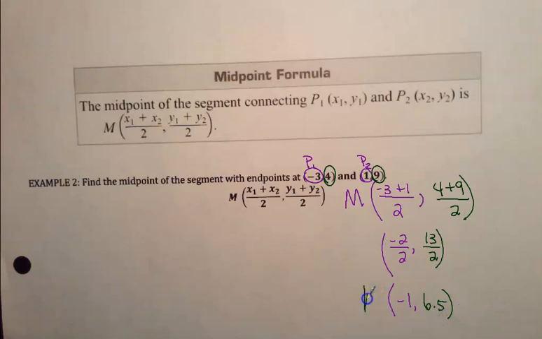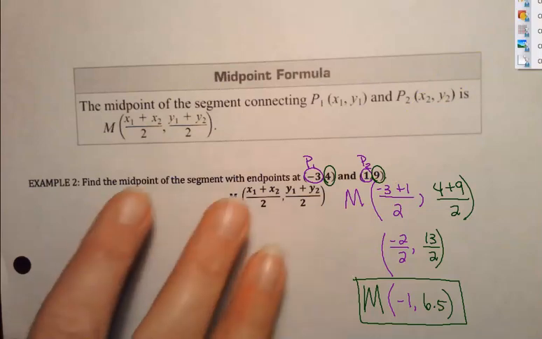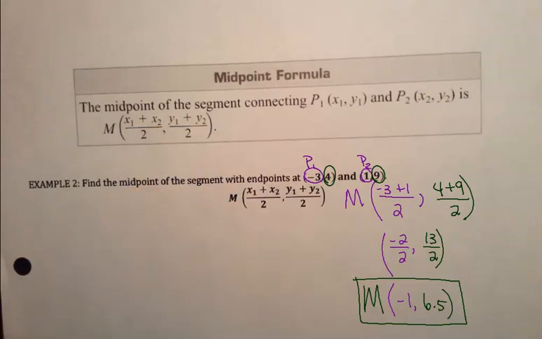So our midpoint, M, is, the coordinate is at -1, 6.5 to graph that. Pretty good stuff, right? You'll get to use this a lot.